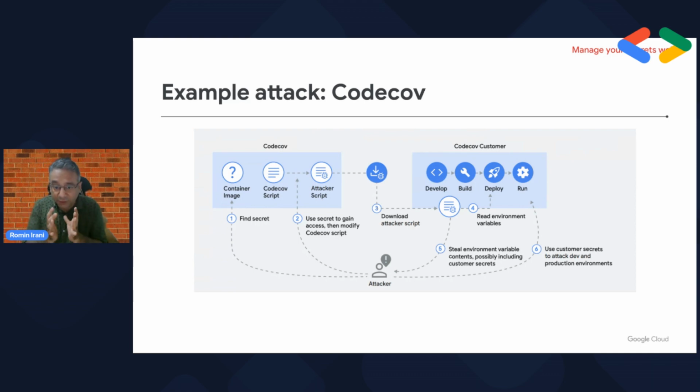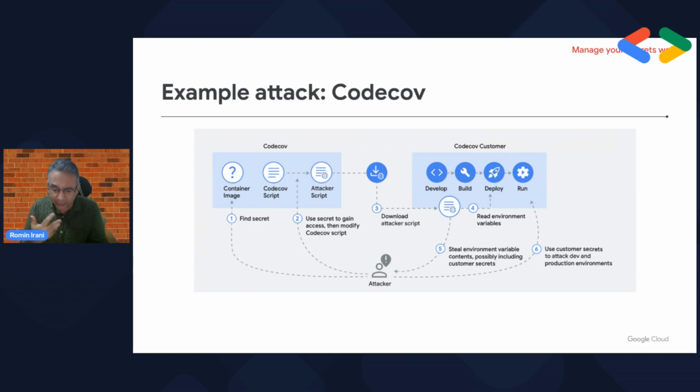As a result, from step 3 onwards, this malicious code is available for customers to download and unwittingly use in their environments. And that's precisely what happens in step 4. They start using this compromised software. The software has been written to read their environment variables or send sensitive information back to the attacker.